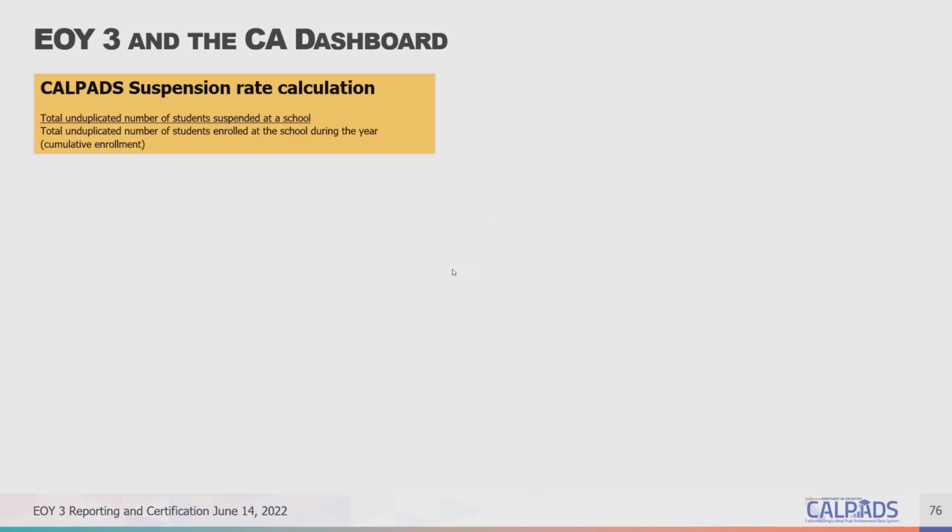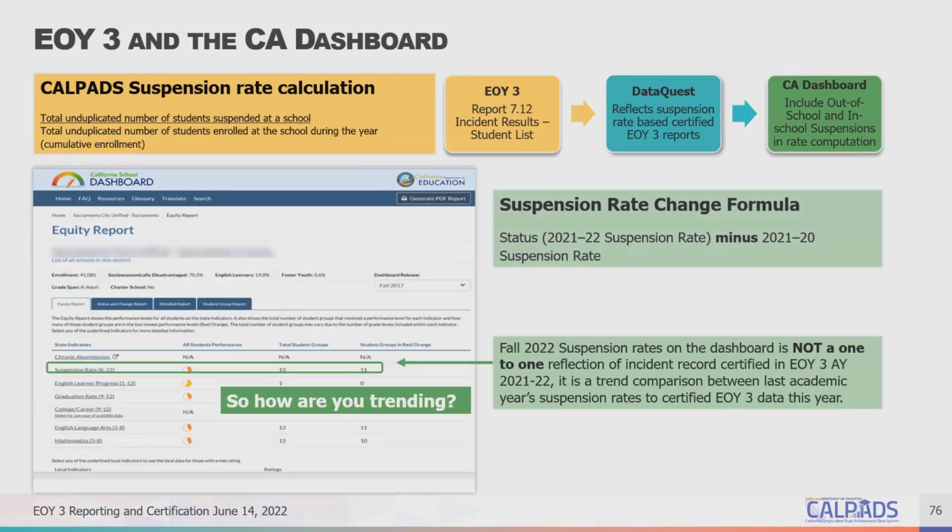Also, just to emphasize, there is no one-to-one correlation if you compare the dashboard to a report in CalPADS. So it's more of a trending in the dashboard based on DataQuest. But if you want to look at the specific report that impacts that, those are listed in these two PowerPoints.